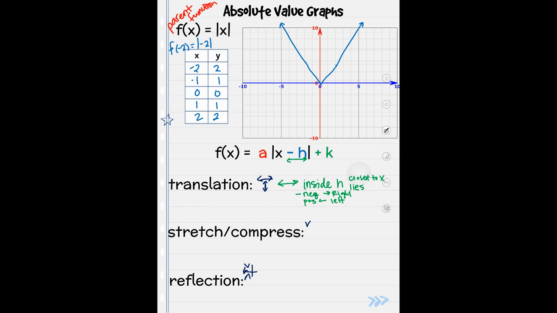Go the opposite way. My k on the outside tells me whether I'm going up or down.